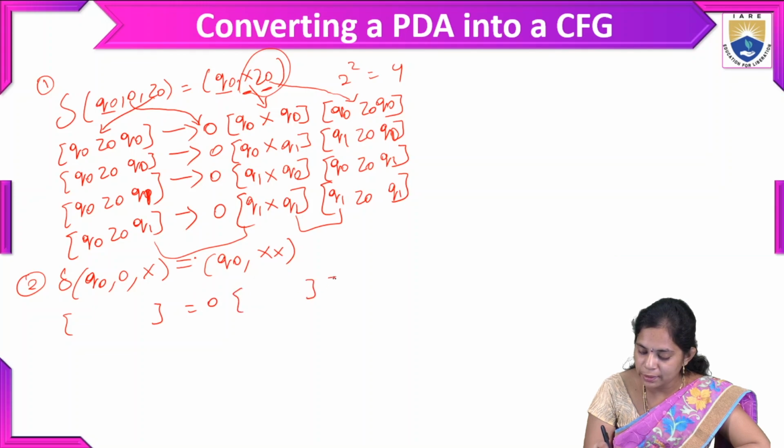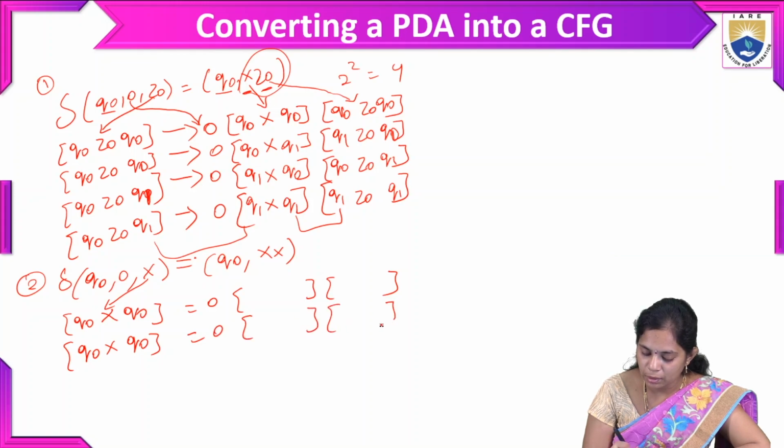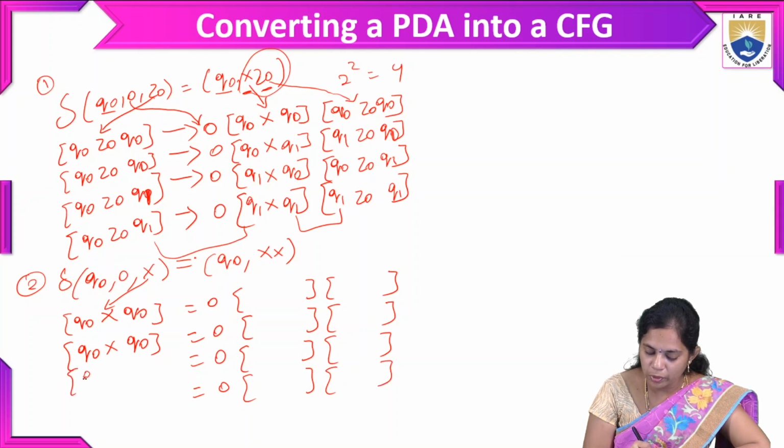The first 2 are the same, with the X value here, X Q0, X Q0, X Q0. And here the input value is the same, 0, 0 and 0. And Q0, and now Q1 and Q0 comma X Q1.